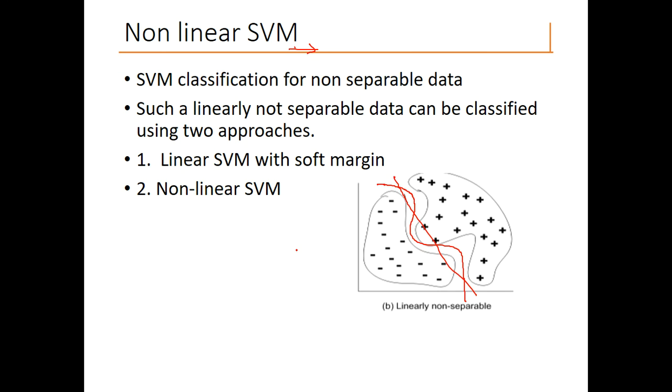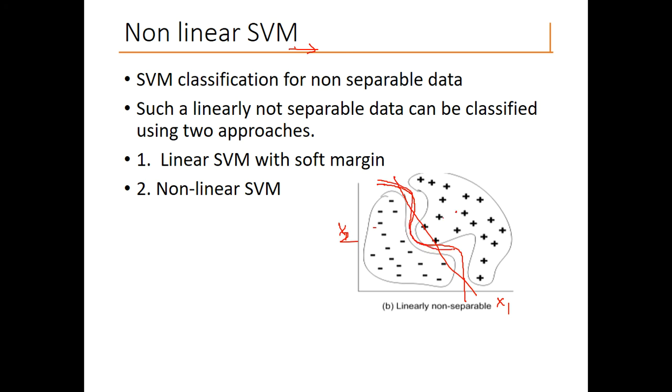So in the last lecture we have seen how to construct a model for SVM for linearly separable data. Today we are going to discuss how to construct a model for non-linearly separable data. Looking at this scatter plot of data having two features x1, x2, these two classes are non-linearly separable.